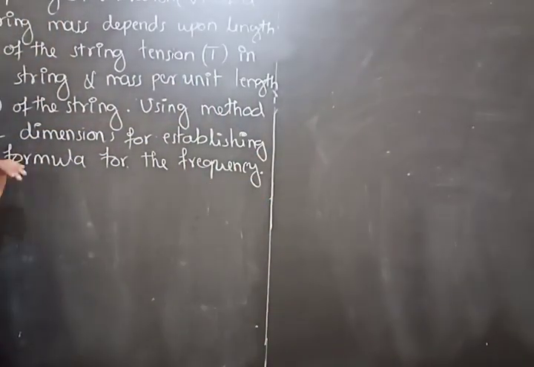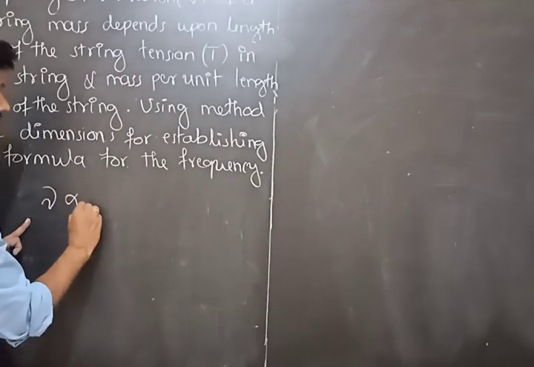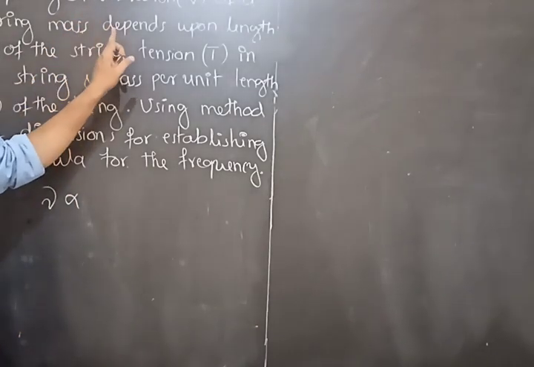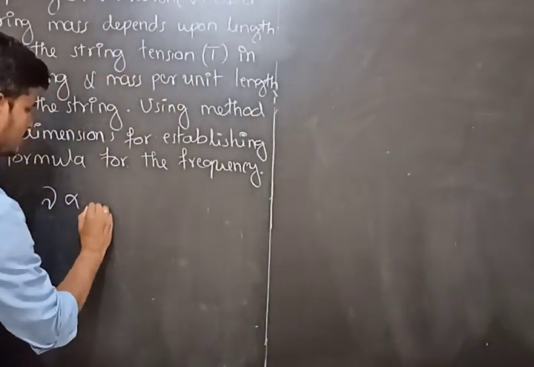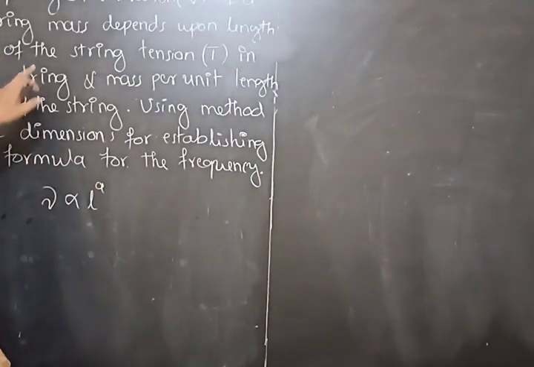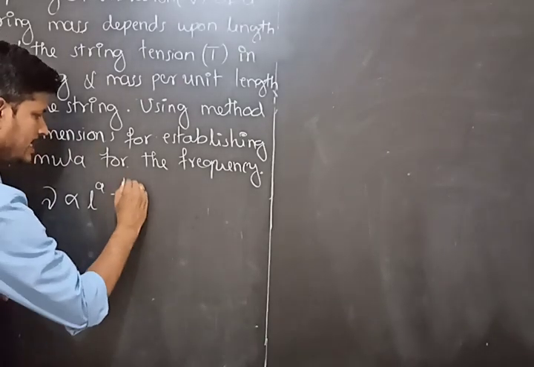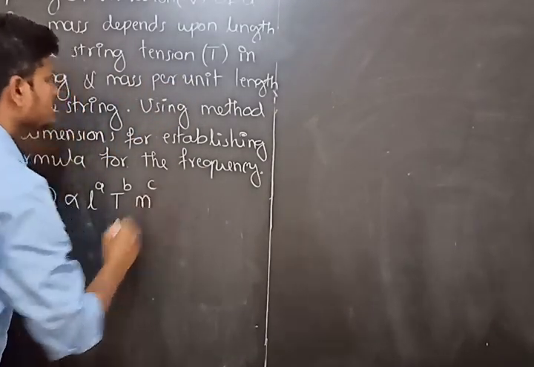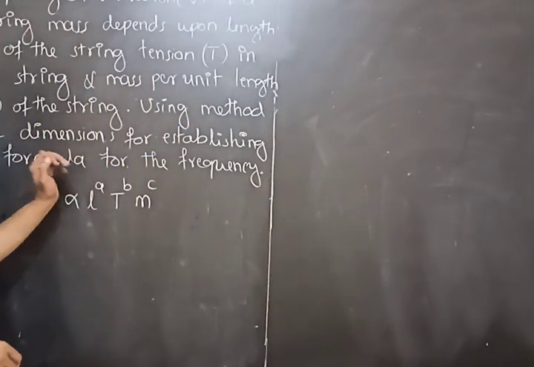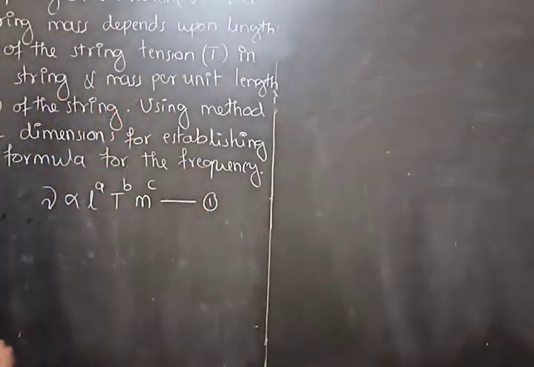First write down: the frequency depends upon the length of the wire, L raised to A. Next, tension, which is nothing but force, T raised to B. And next, mass per unit length, m raised to C. Using the method of dimensions, I have to establish the relation. Consider this as equation 1.